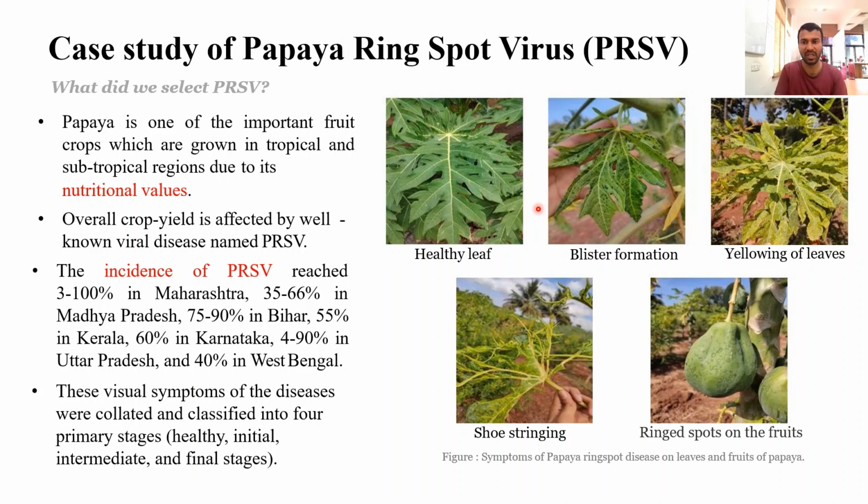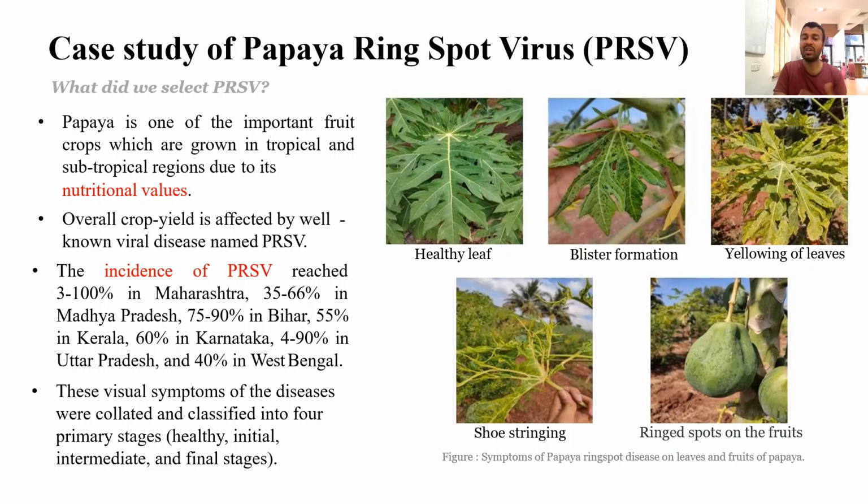It transitions to the intermediate stage where the blisters grow in size and lead to a color change in the entire leaf, and then transitions into the final stage where we have shoestringing of the entire leaf and ring spot formation on the fruits as well.